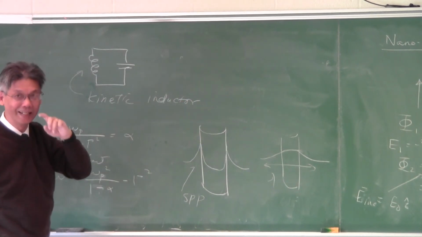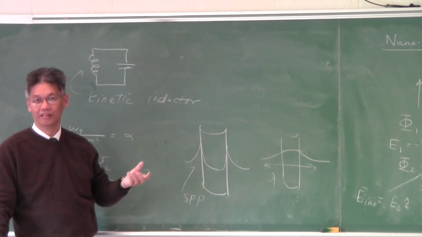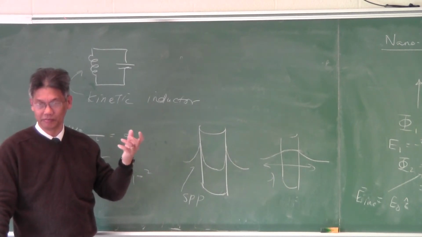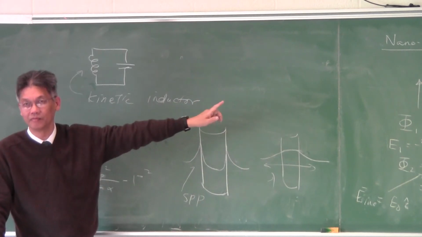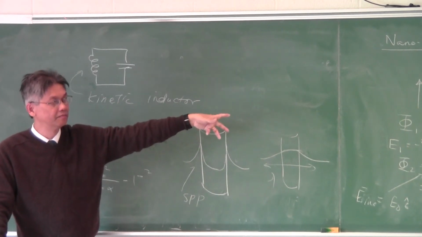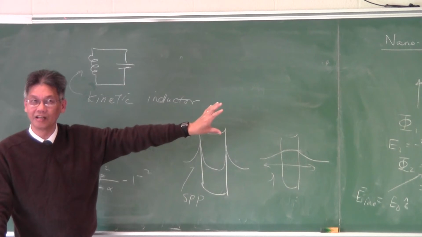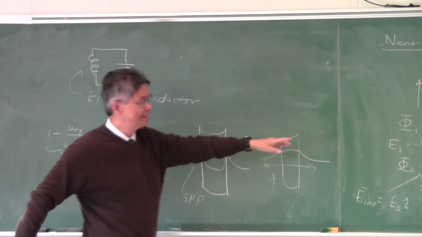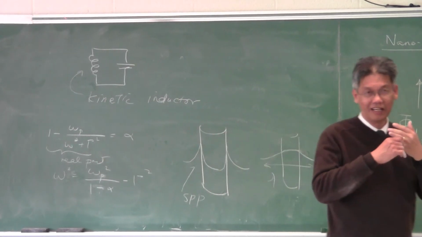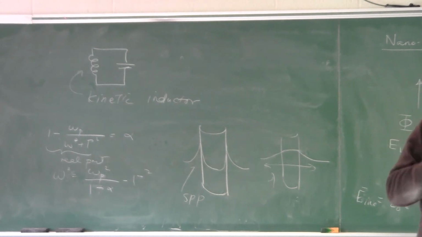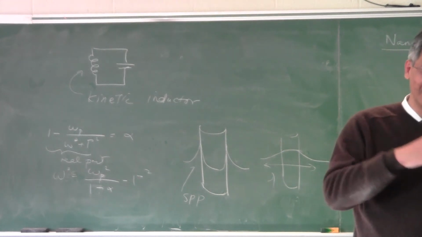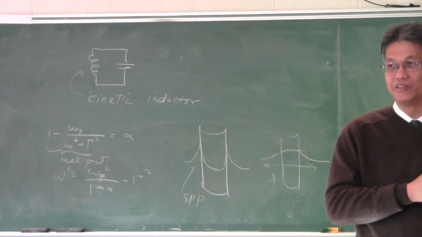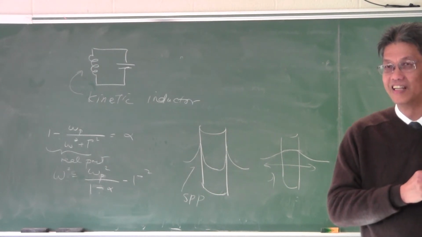So when you hear the word kinetic inductance, occasionally when you go to conferences and people talk about kinetic inductance, they're referring to this kind of physics. That inertial term contributes to the negative epsilon. A negative epsilon contributes to a negative capacitor. Does that sound familiar? A negative capacitor is similar to an inductor, right?